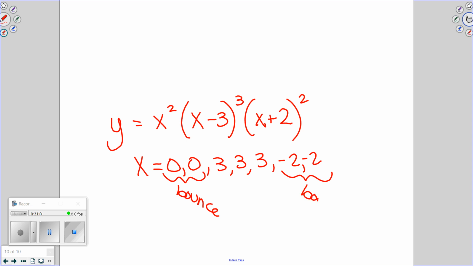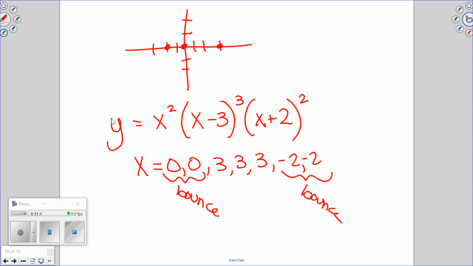Yep, it would go straight through those 3s. Okay? So let's talk about the graph. All right, so we know it's going to have 0, 3, and -2.